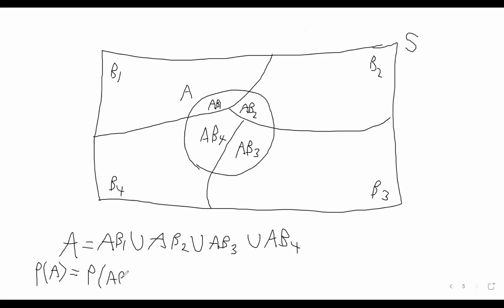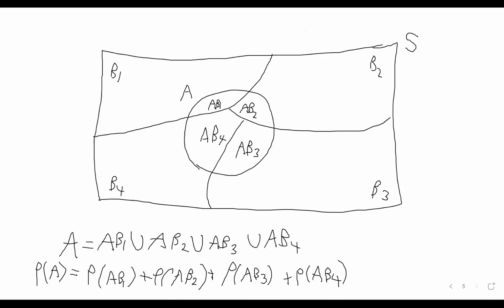So the probability of A is equal to the probability of AB1 plus the probability of AB2 plus the probability of AB3 plus the probability of AB4.